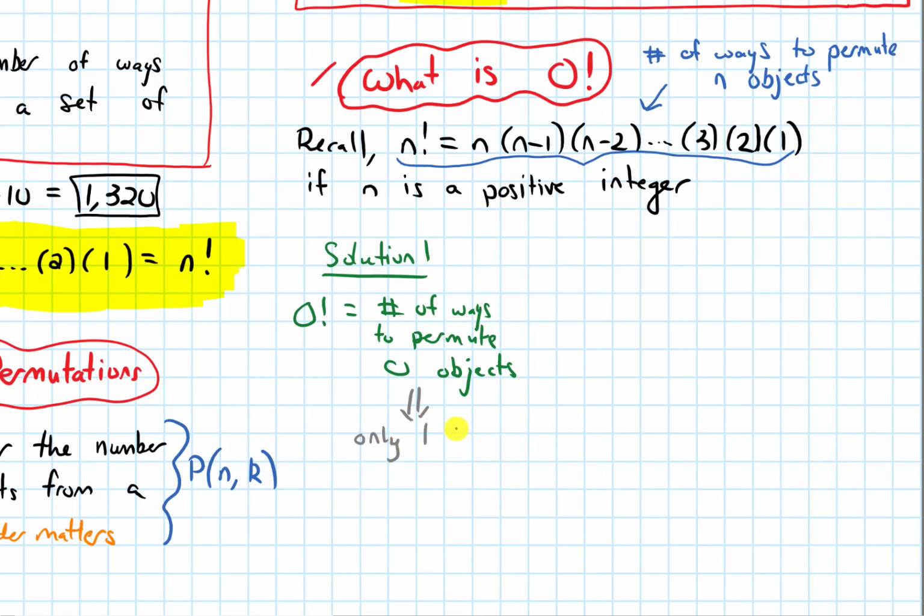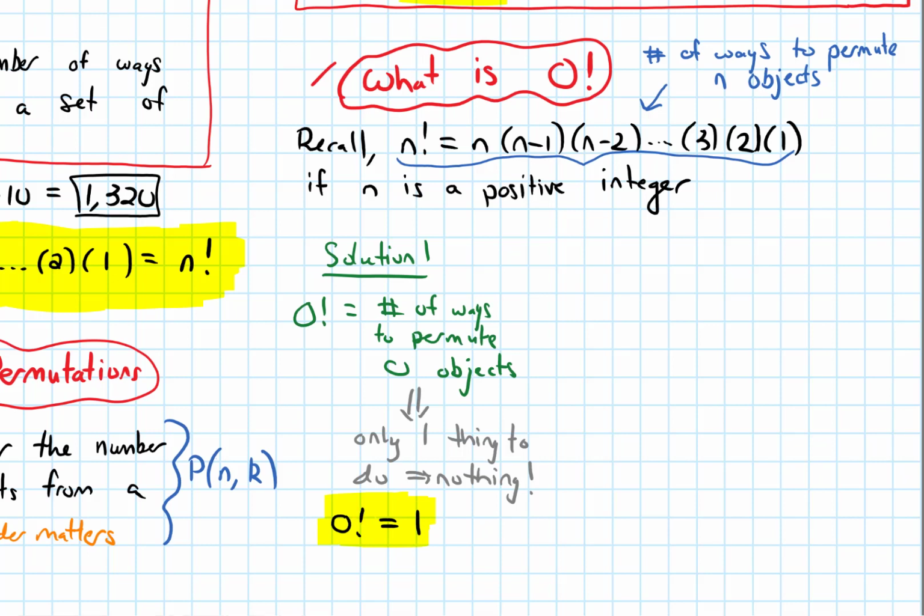Only one thing to do: nothing. So because there's one thing that we can do, that means that 0 factorial is 1, which is a little bit weird, but nonetheless, that's what it is.